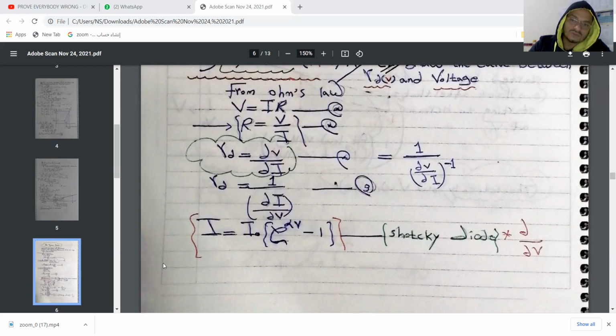And come back to the shortcut equation: I equals I naught exponential alpha V minus 1. Let's take the derivative with respect to V of both sides. dI over dV equals d over dV of, between two brackets, I naught exponential alpha V minus 1.